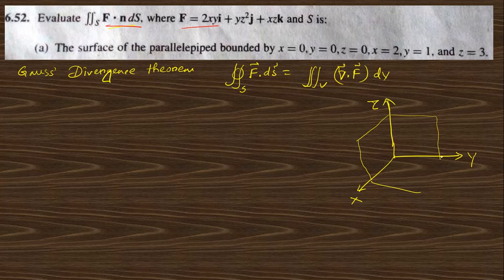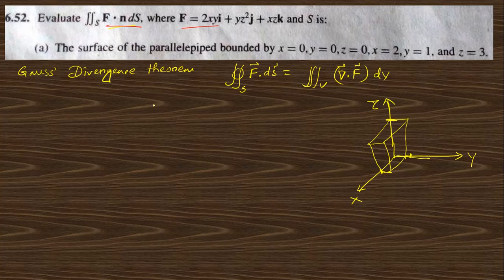The maximum x value is 2, y is 1, and z is 3, so this becomes larger. Actually, if you want to draw it, x is 2 and y is 1, so it looks like that. Clear? Like that, this is a closed volume.